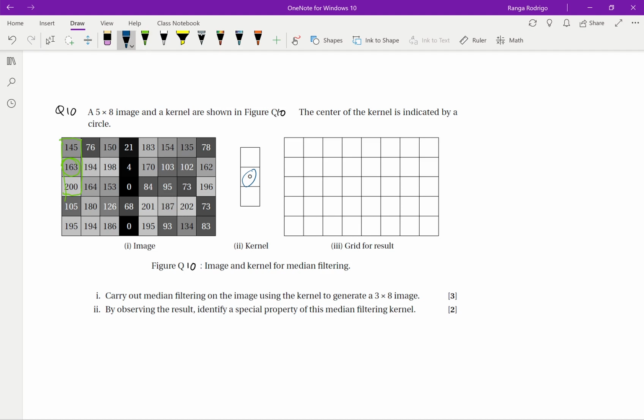So now when you locate the kernel, you have 145, 163 and 200. So order them. Now it's already ordered. Pick the middle value. 163. Okay. Now locate the kernel over here.